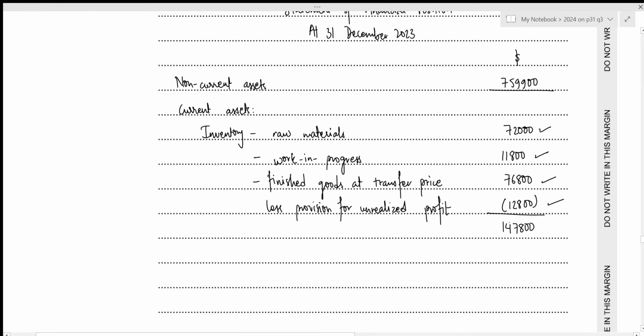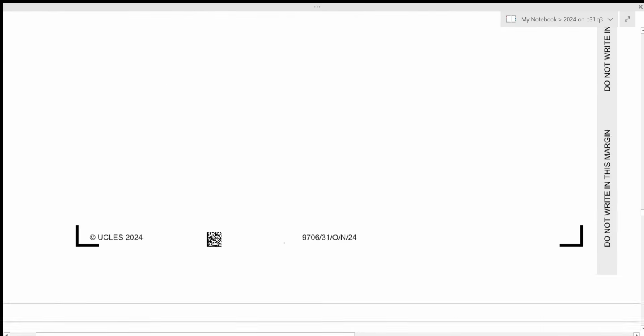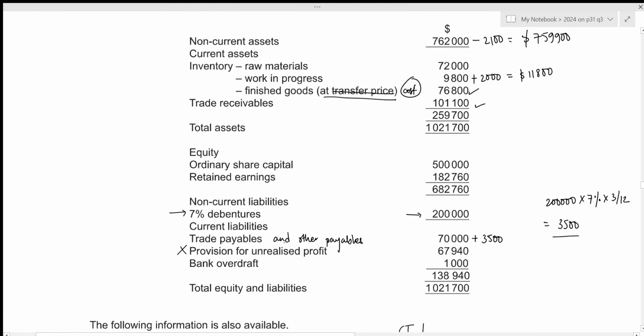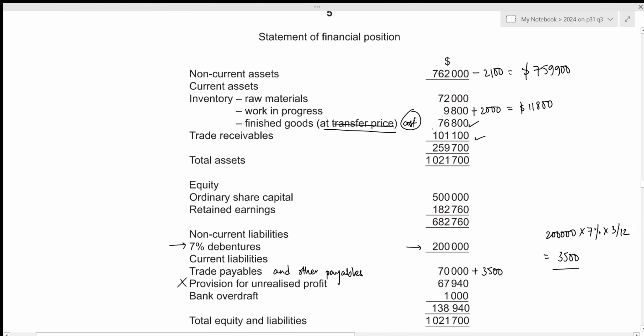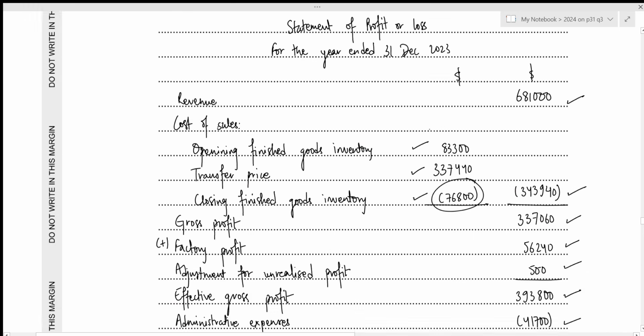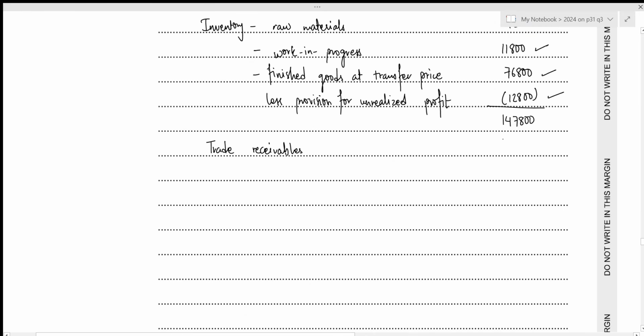Then we had one other current asset, which was the trade receivables. Okay, there were no changes for trade receivables, so we can just include the previous value, 101,100. Now we need to calculate the total of our current assets.